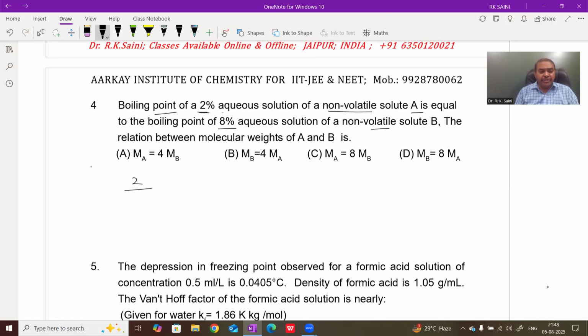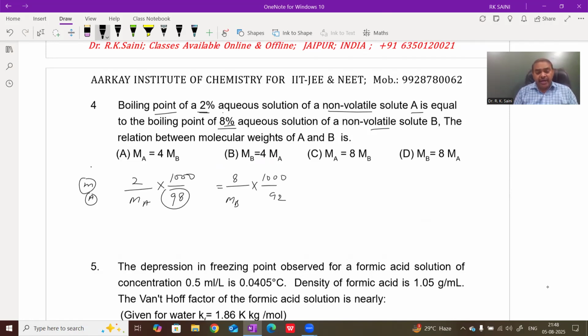So, given weight upon molar mass of A upon weight of solvent in kg. Therefore, it is the molality with respect to A. Similarly, molality with respect to B, 8 gram, and its molar mass is MB, and the weight of solvent is 92.